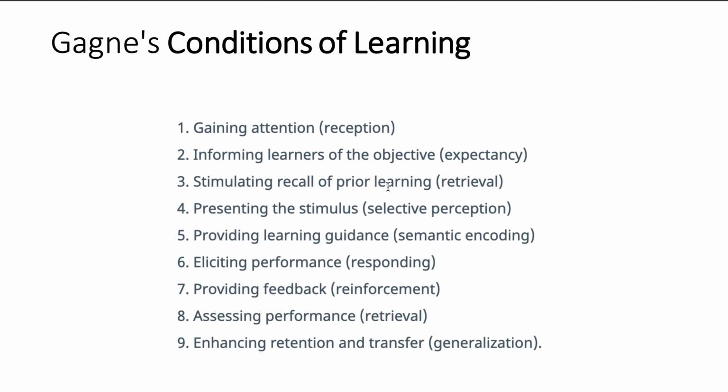Cognitive conditions of learning: we all know the very famous conditions of Gagne: gaining attention, informing learners of the objective, stimulating recall of prior learning, presenting the stimulus, providing learning guidance, eliciting performance, providing feedback, assessing performance, enhancing retention and transfer.